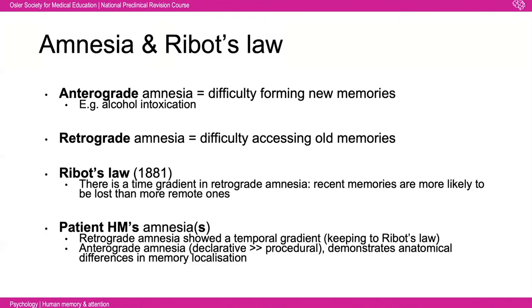His anterograde amnesia, as we spoke about, was much more of a declarative problem than a procedural problem. He didn't remember facts, he didn't remember who he was, but he did remember skills, and he didn't forget how to play table tennis. So it demonstrates that there are anatomical differences in memory localization.